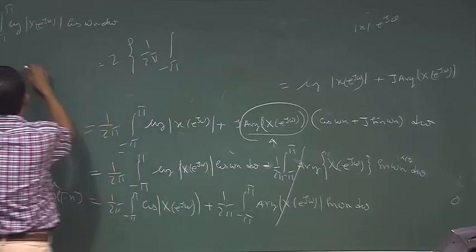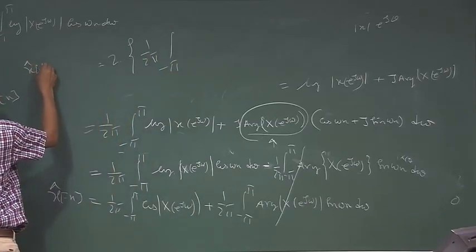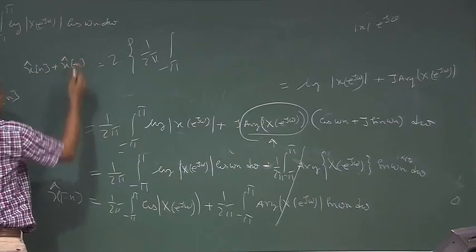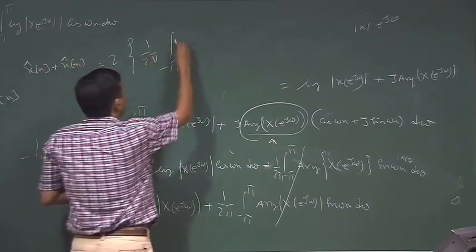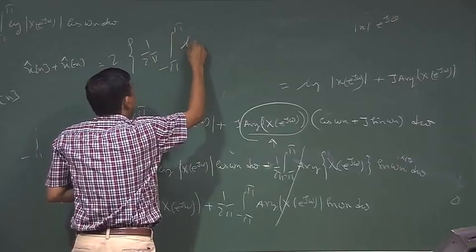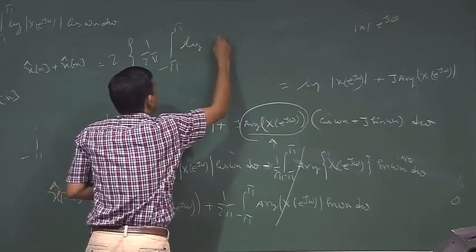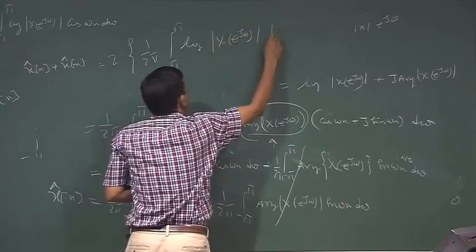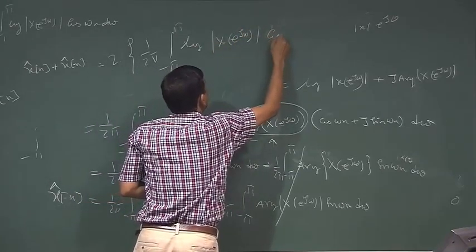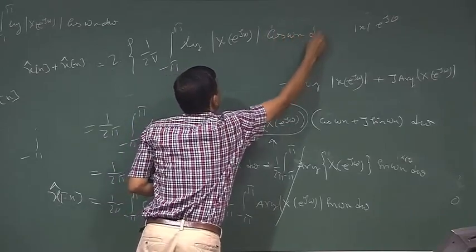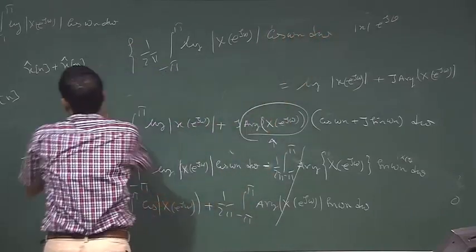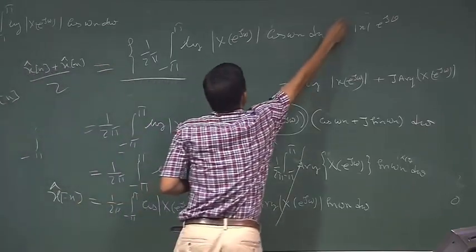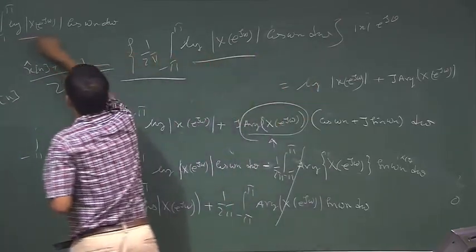So x cap n plus x cap minus n is nothing but 2 into this, pi to pi, log of mod X(e to the power j omega) cos omega n d omega. So if I divide this by 2, it is equal to this.